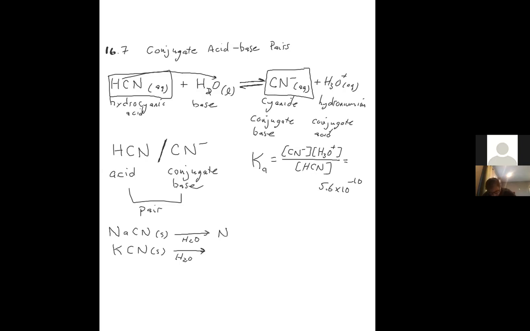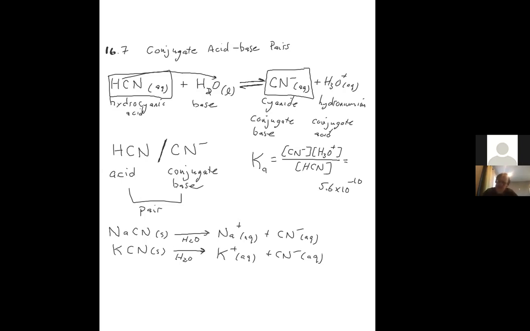What are you going to get? Well, sodium and potassium salts are very soluble. So you're going to get the cyanide ion in both cases, which is the conjugate base of HCN, okay?